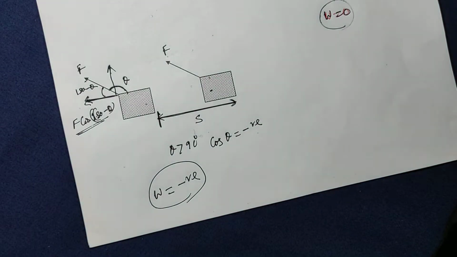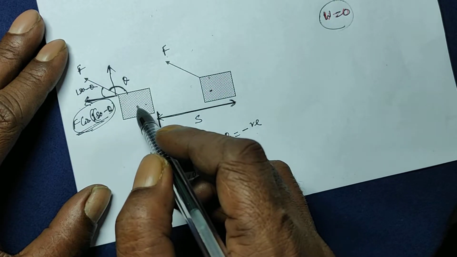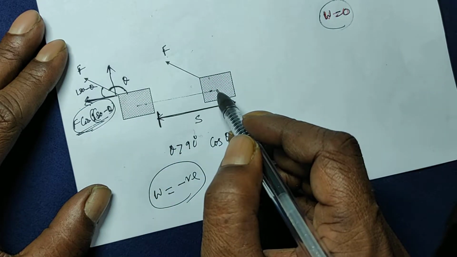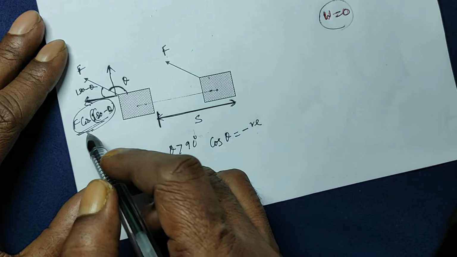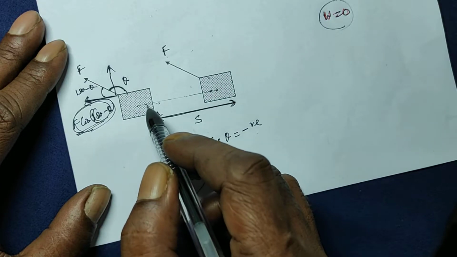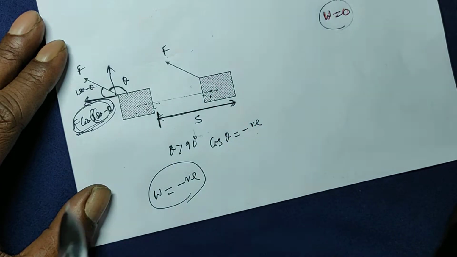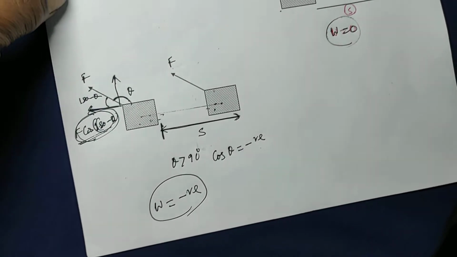Now what is this force doing? This was already moving to this side at constant speed, means there was no acceleration. So this force, which is opposite to that, will try to reduce the speed of this body, right?